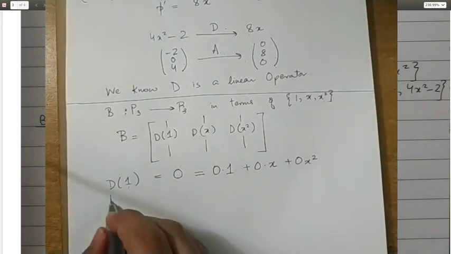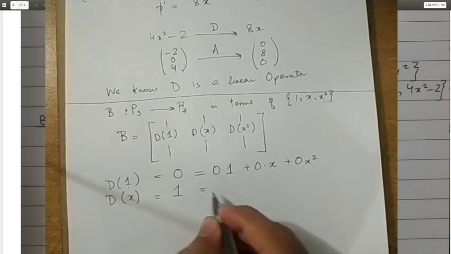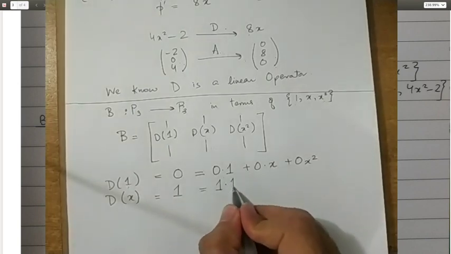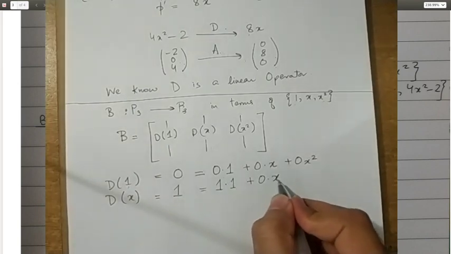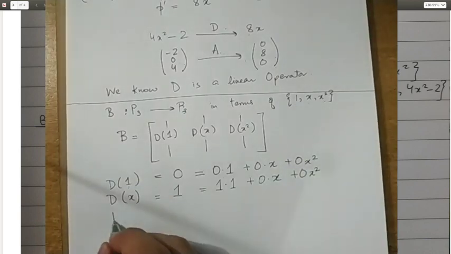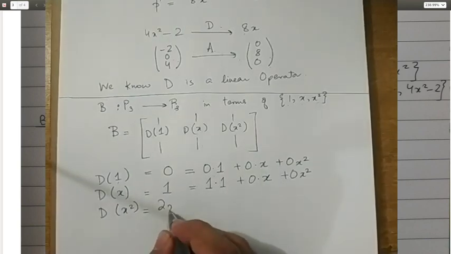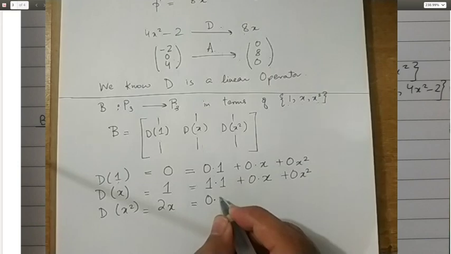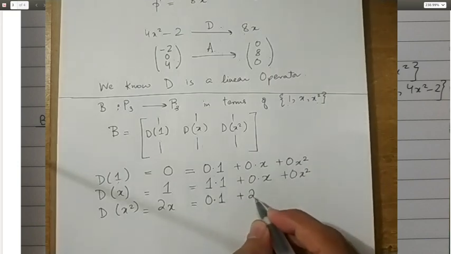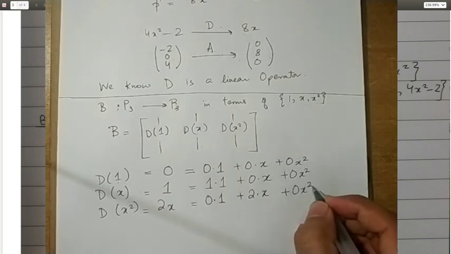Similarly, the derivative of x is going to be 1, which is 1 times the constant term plus no linear term plus no quadratic term. And finally, if you differentiate x squared, you get 2 times x, which is no constant term, twice the linear term plus no quadratic term.